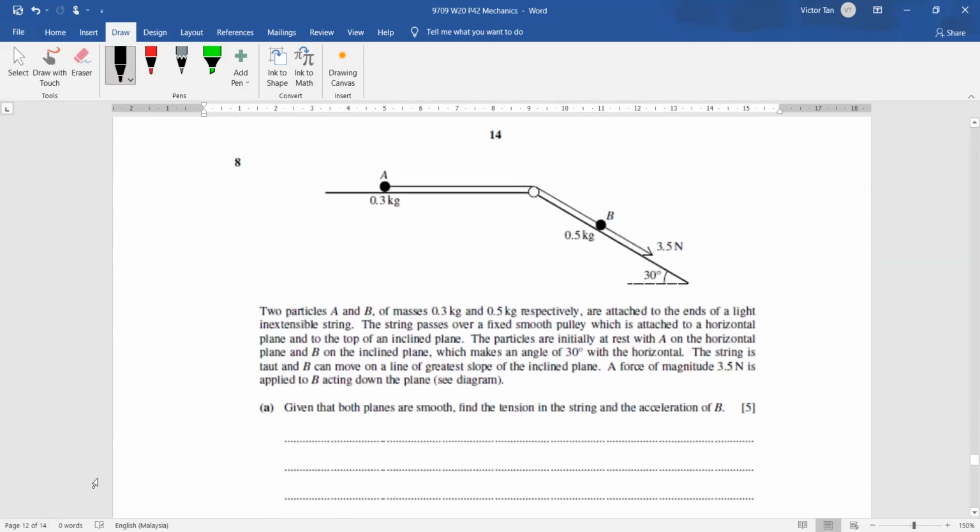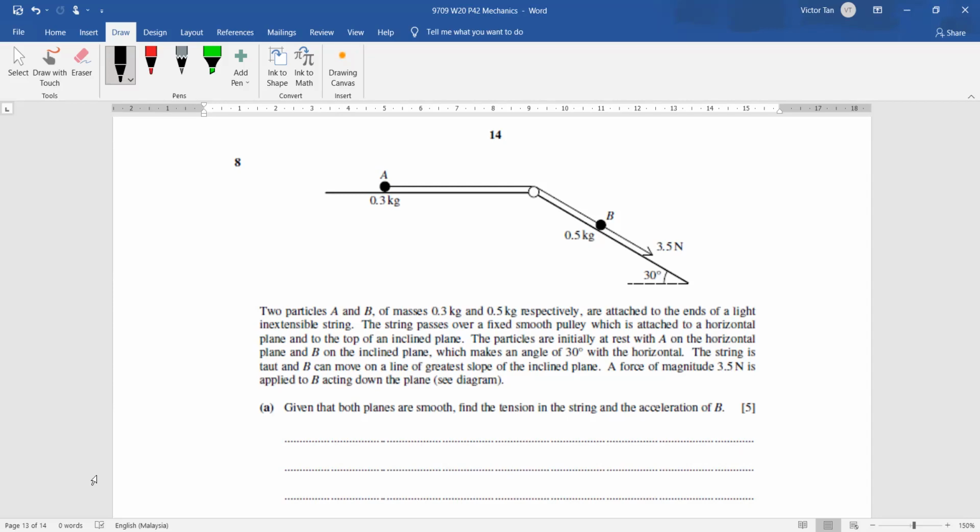Yes, one final question. Oh, you got 8 questions. Two particles A and B of masses 0.3 and 0.5 kilogram respectively are attached to the ends of a light inextensible string. The string passes over a fixed smooth pulley attached to the top of an inclined plane which makes an angle of 30 degrees with the horizontal.